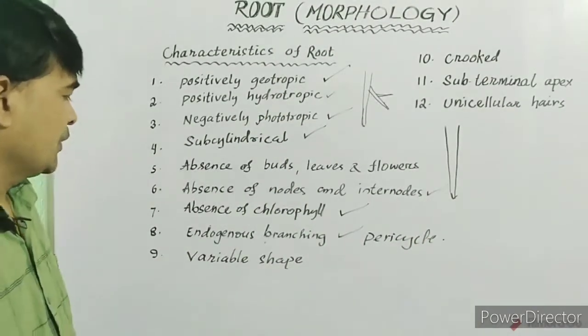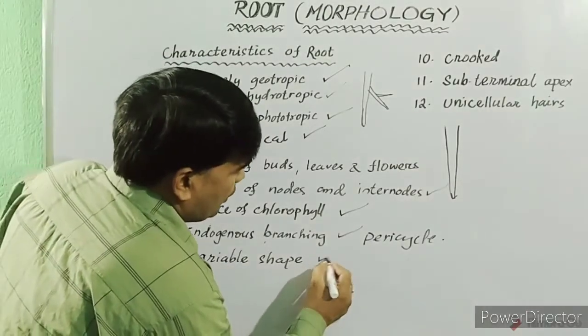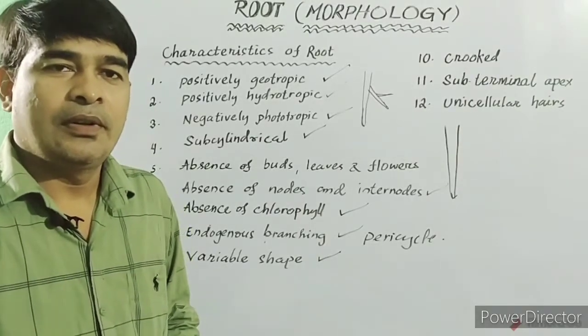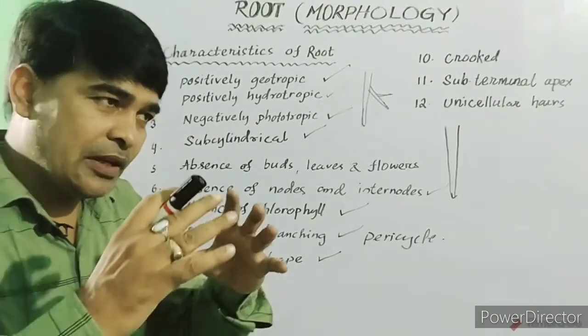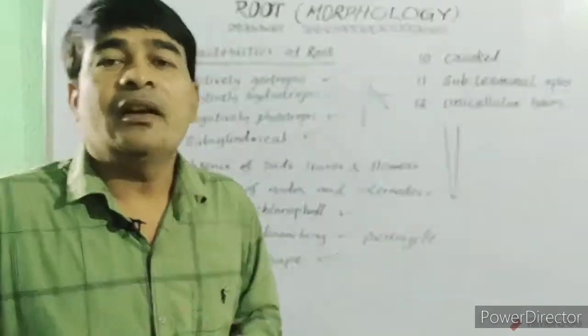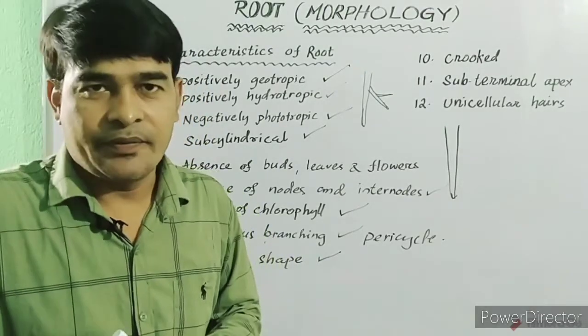Then roots have variable shape. There are different shaped roots, and these shapes depend on their function and environmental condition.